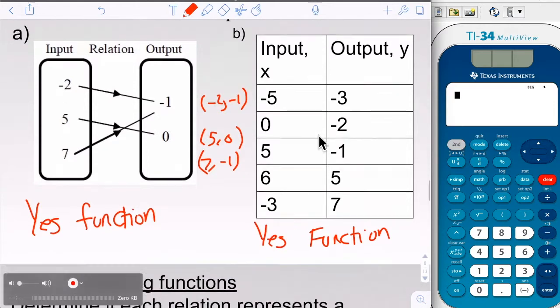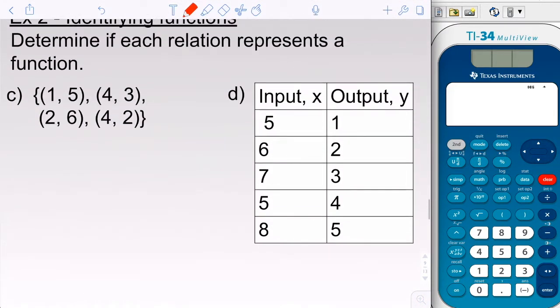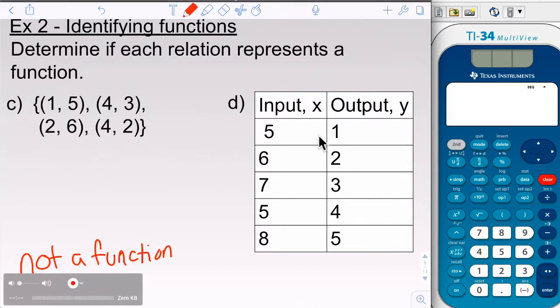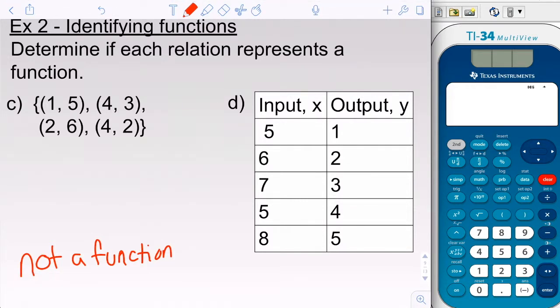Now, letter C, on the other hand, fails the vertical line test. Letter C is not a function. I will tell you right now. Can you figure out where it fails the vertical line test? Where does the same x value have two different y values? It fails when x equals 4.